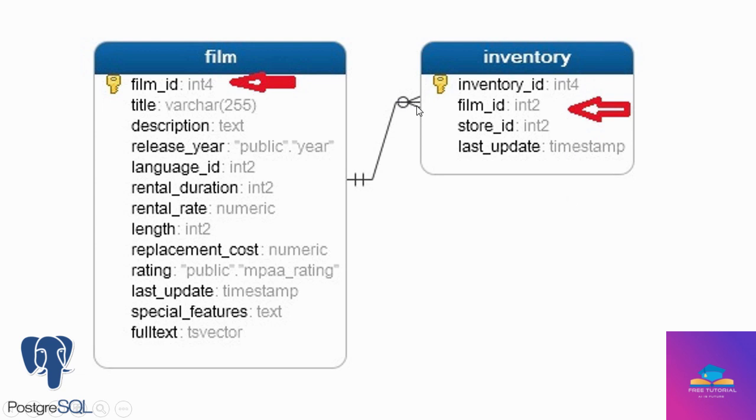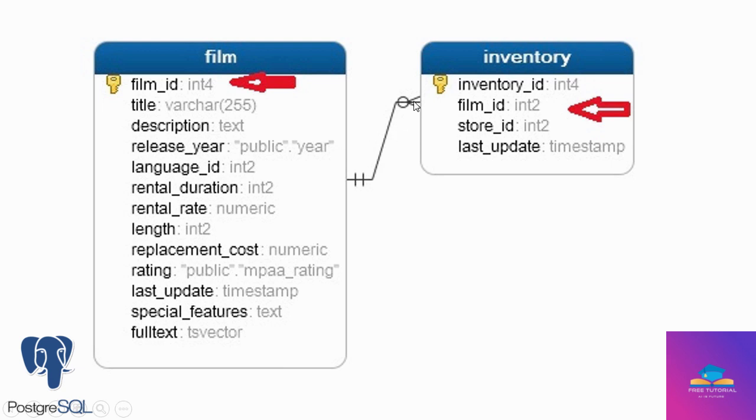This here indicates many. So each row in the film table may have 0 or many rows in the inventory table. Also, each row in the inventory table has 1 and only 1 row in the film table.